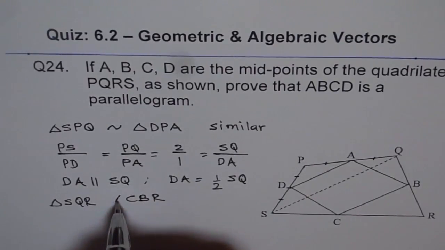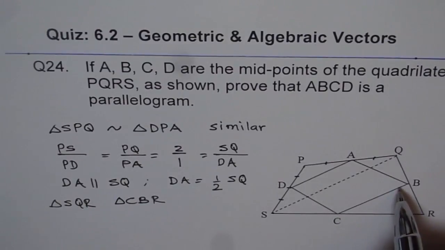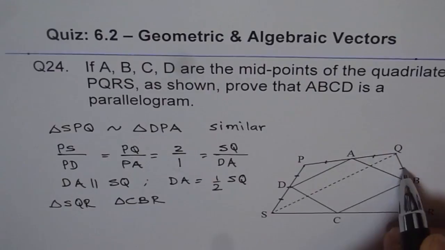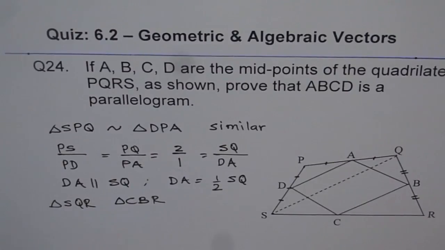It is important when we are writing triangles that we follow a pattern, right? CBR. Now, B is the midpoint, so we know these two sides are equal. It's a midpoint, so it divides into half. That means the ratio of QR divided by BR is 2, as we did earlier.